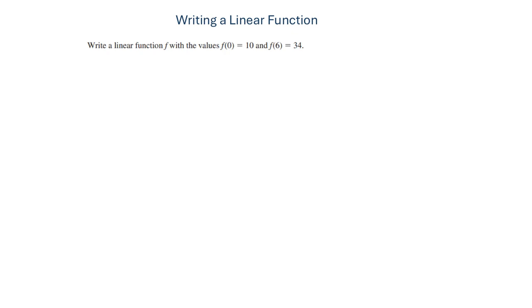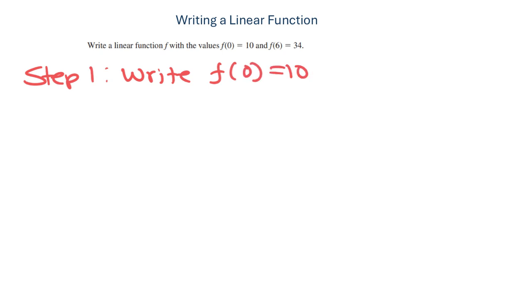Let me do it another color so you guys can see it. Step 1. What are we going to do in step 1? We're going to write f of 0 equals what? 10. So f of 0 equals 10.